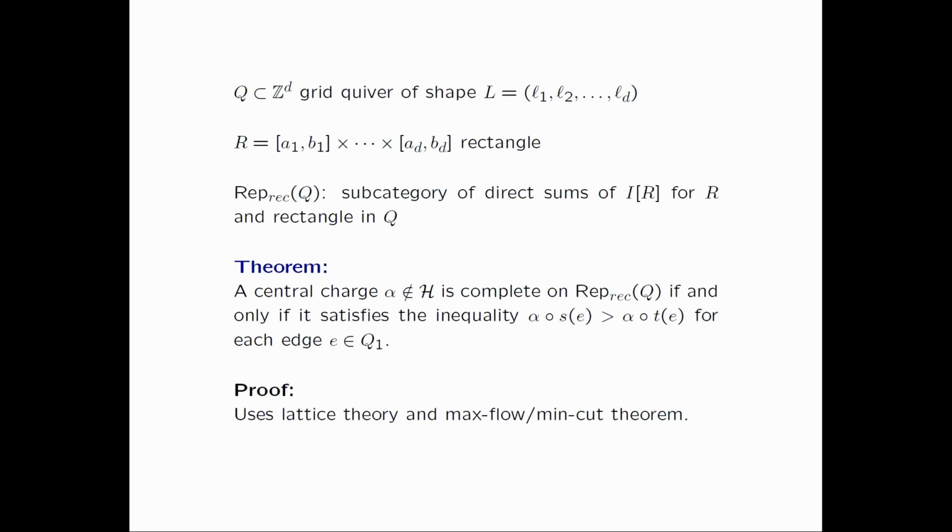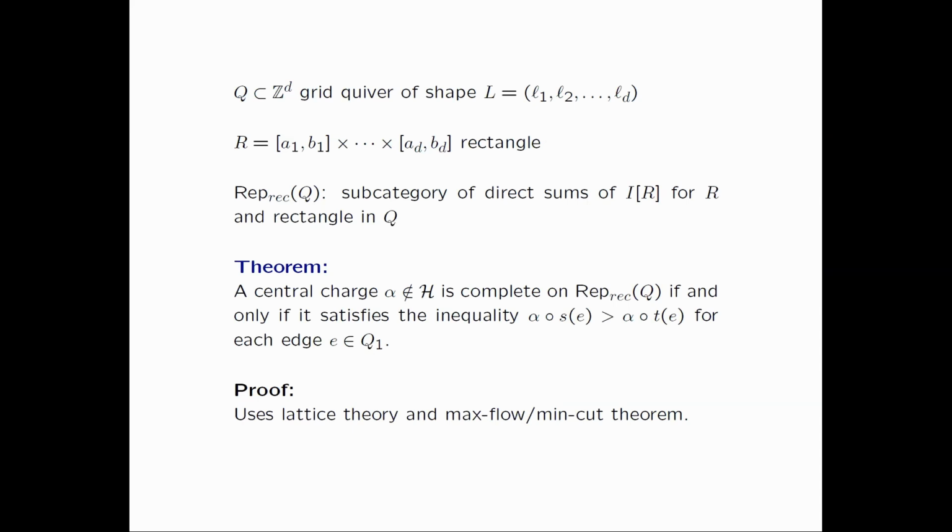Okay, so if we restrict our category a little bit more, namely, think about this grid quiver, which does come up in multi-parameter persistence, and we look at only shapes that are really rectangles, then we can look at the subcategory of representations that are generated by such rectangles. That's of course everything in the one-dimensional case, but not in higher dimensions.